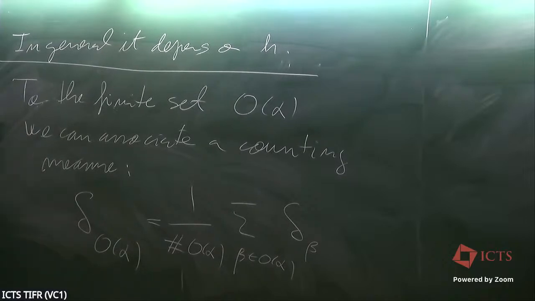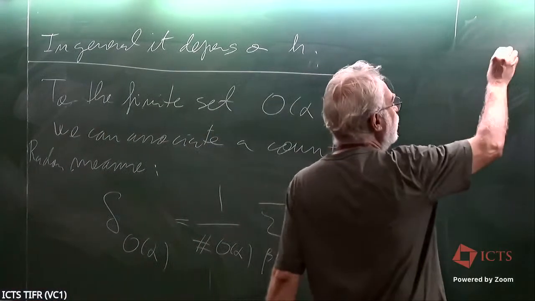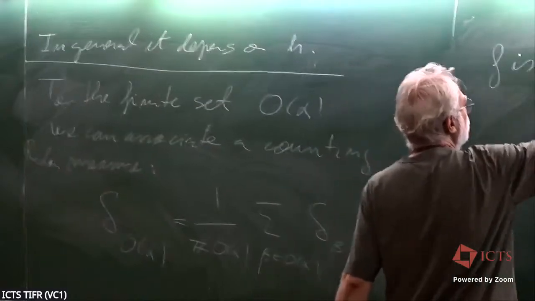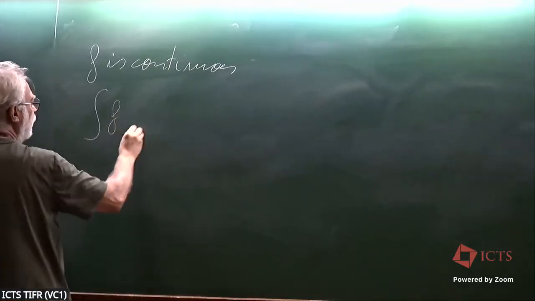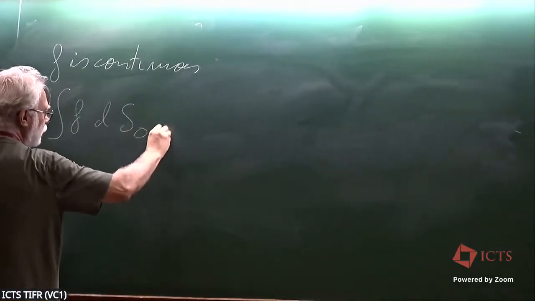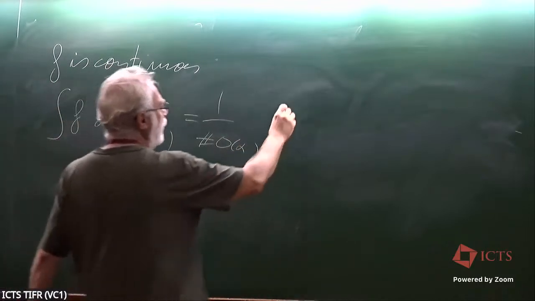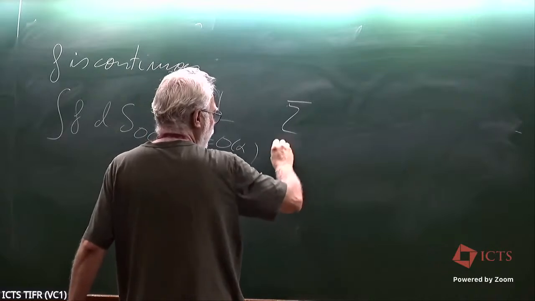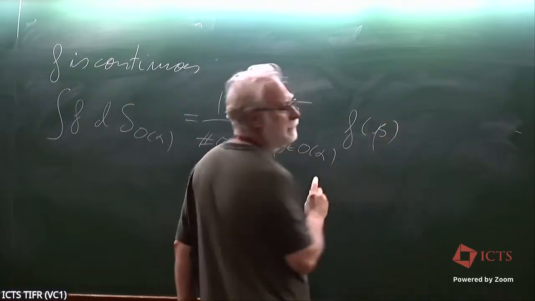Typically, when you have a measure, let's say a Radon measure, what you do with a measure is integrate continuous functions. So this means that if f is continuous, then the integral of f d of this counting measure is just 1 over the number of elements in the set, times the sum over beta inside this set of the value of the function at the point beta.